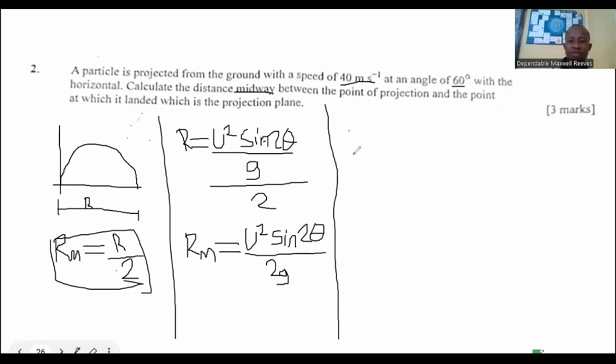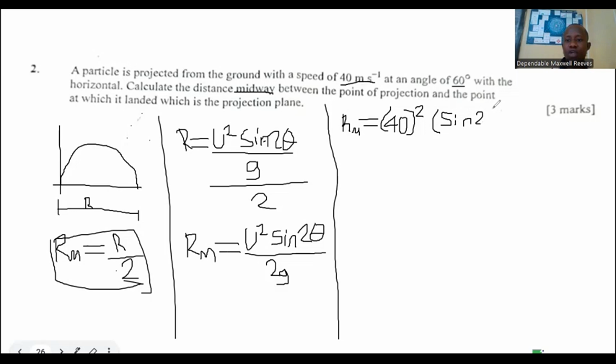So replacing the values, we have R, the range midway, equal to u, here 40 m/s, squared, so 40 all squared, times sin of 2 times theta.